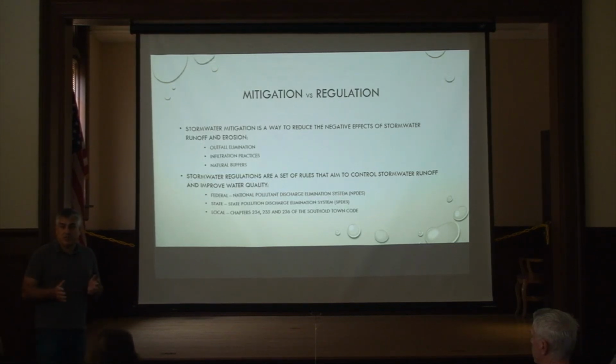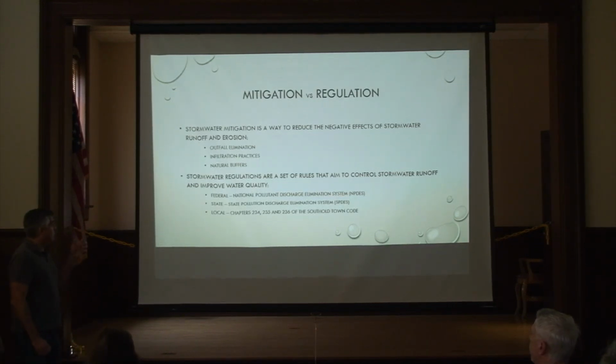That's an important distinction because when it comes to the regulatory program, point source stormwater is regulated. Non-point source is not. And that's critical because most of the stormwater runoff that goes into our water bodies is both non-point source and unregulated. So what we're going to talk about today is the portion of it that we can do something about as a municipality.